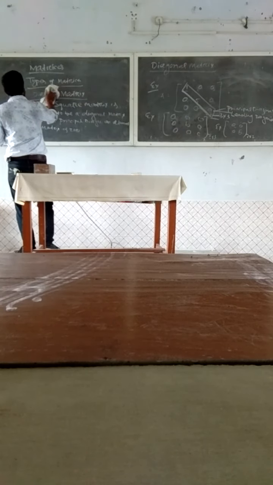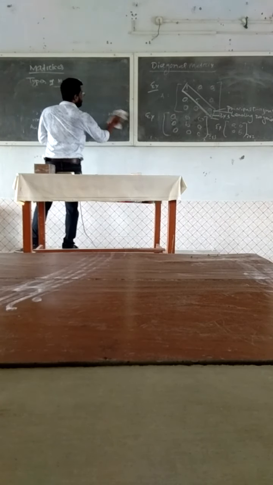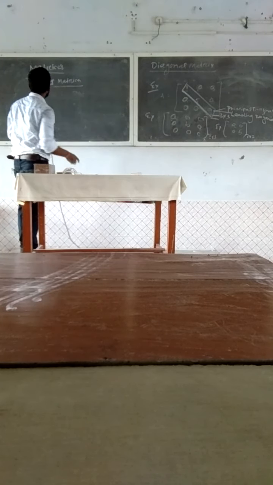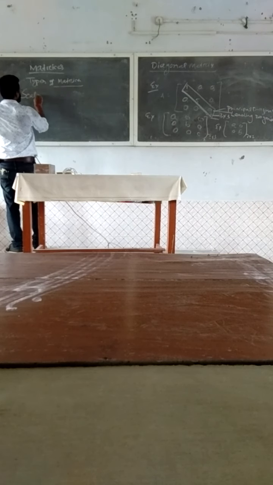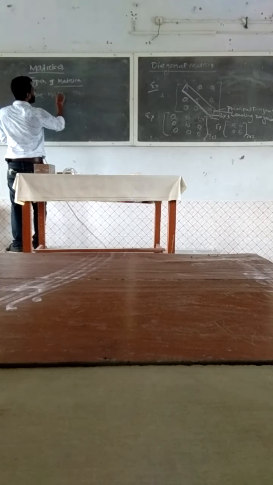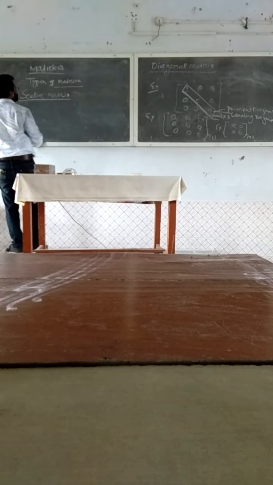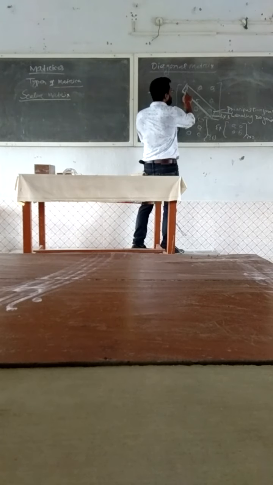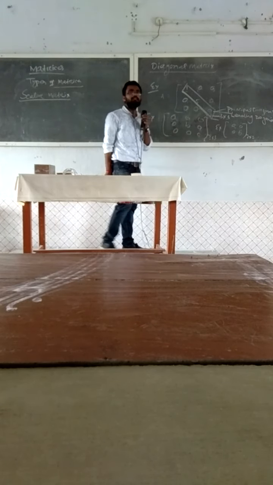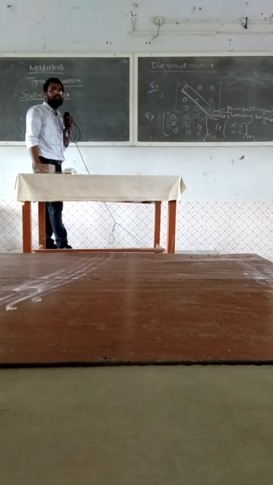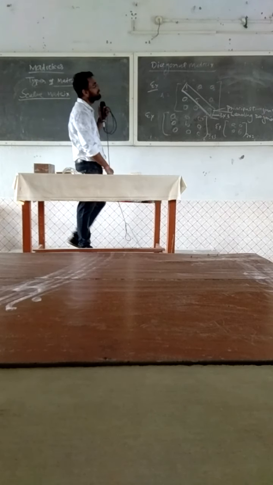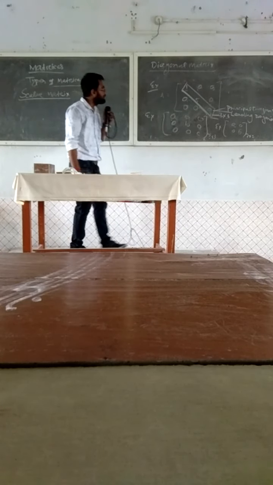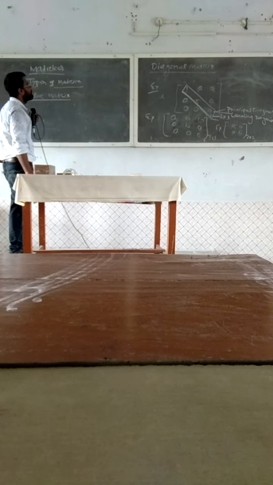Now we can study the scalar matrix. In a diagonal matrix, diagonal elements are present only, but in the scalar matrix diagonal elements are present and the diagonal elements are the same. If diagonal elements are present and the diagonal elements are the same, then the matrix is known as a scalar matrix.